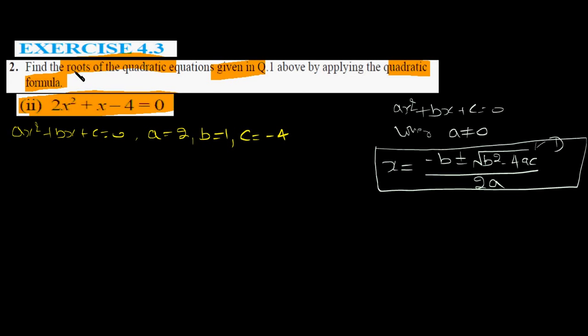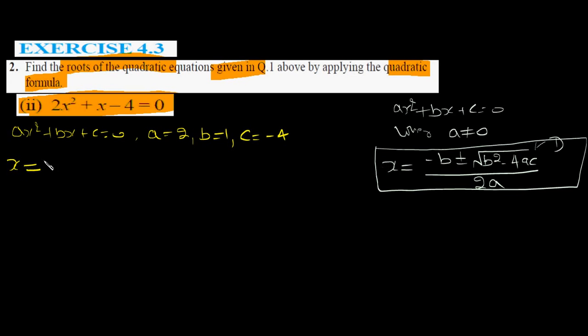Because the coefficient of x square is 2, so a is 2, the coefficient of x is 1, so b is 1, and the constant term is minus 4, so c is minus 4. Using the quadratic formula, we will directly substitute the values of a, b and c into this expression.